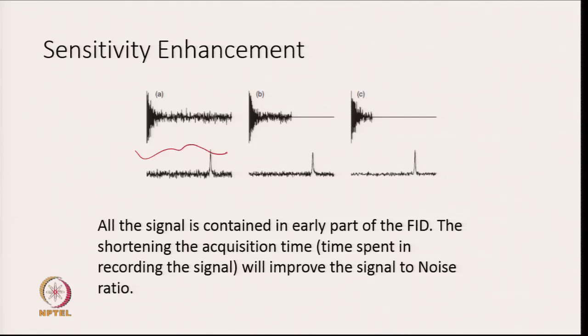Here you see the FID has been collected for a longer time, and here the FID collected for less time. If I do Fourier transformation of this FID, I will get a signal like this, and if I Fourier transform this one, we will get a signal like this. If you look at this, there is more noise, whereas here there is less noise.